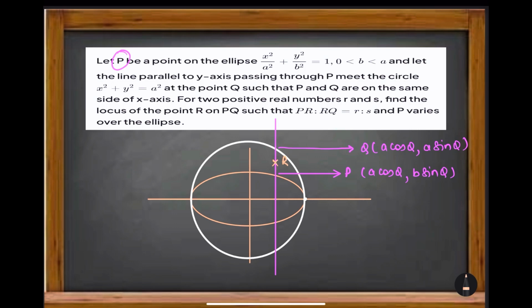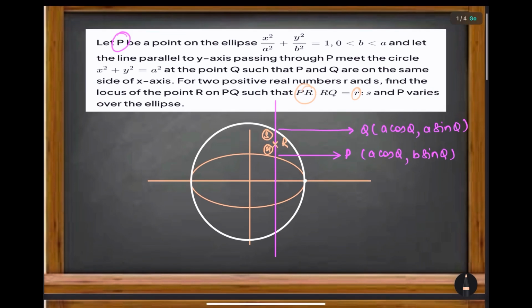So PR is r and RQ is s. So you have to find the locus of R as P varies over the ellipse.